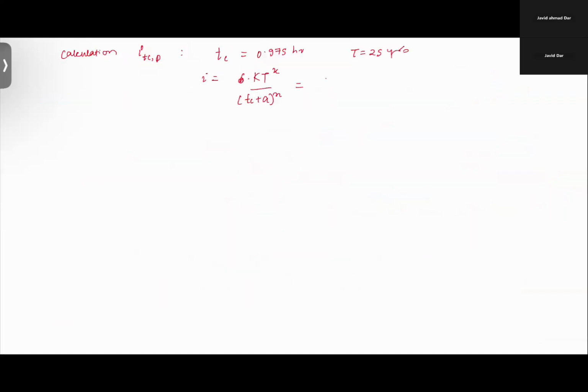K is 6.316, the return period is 25 years, and X is also given, it's 0.1523. TC we have computed as 0.975. A is given in the question, it's 0.5, and N can be taken as 0.977.